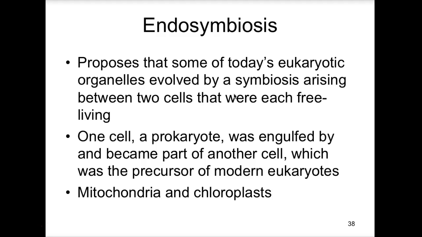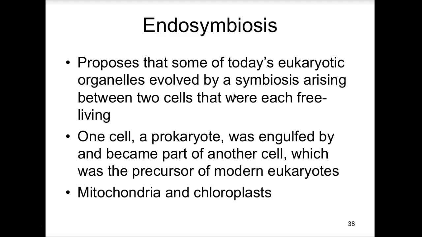If we look at what were once free-living cells, like the mitochondria and chloroplast, there are some other organelles that also have DNA in them. These other DNA-containing organelles in plants are called leucoplasts.